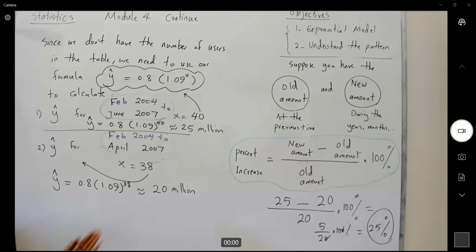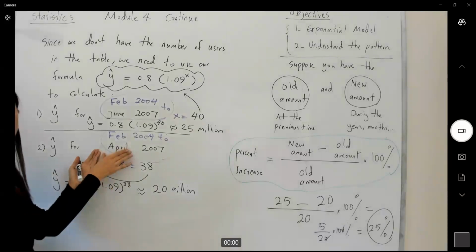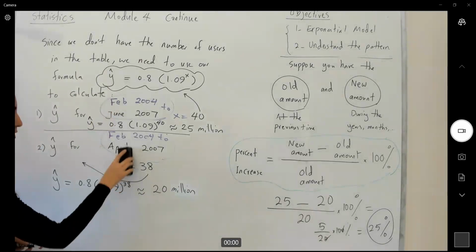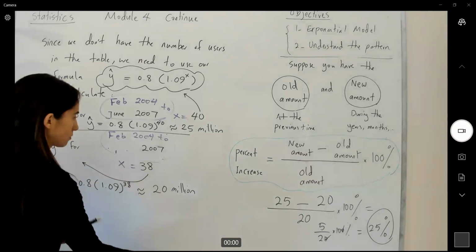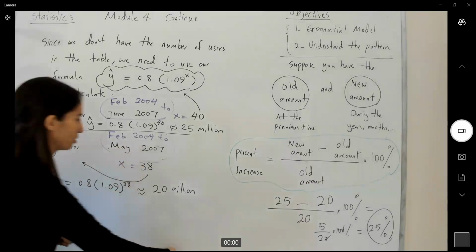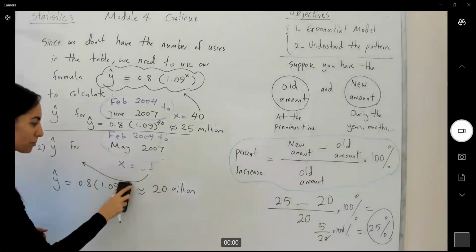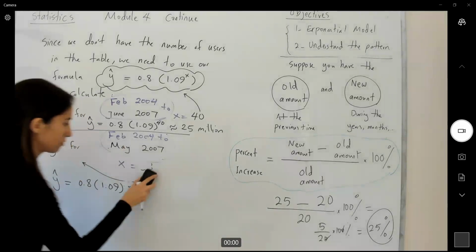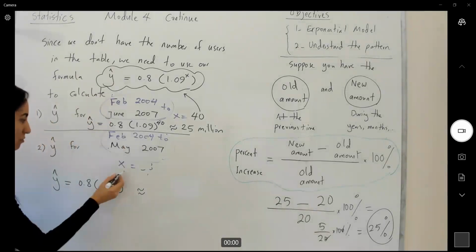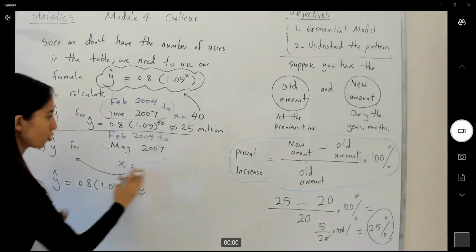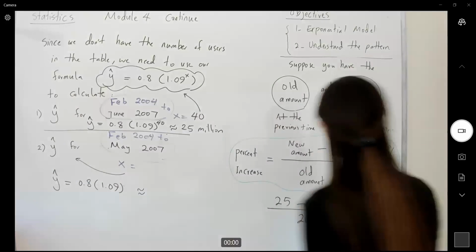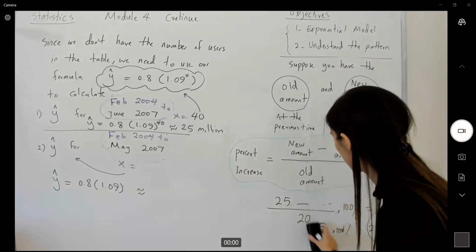Now, what if I change this to a new month? Suppose you have May 2007. If you have May 2007, so everything is changing now. Your X is changing, your number of users is changing. So if I change this to May, your old amount is changing, everything's changing.